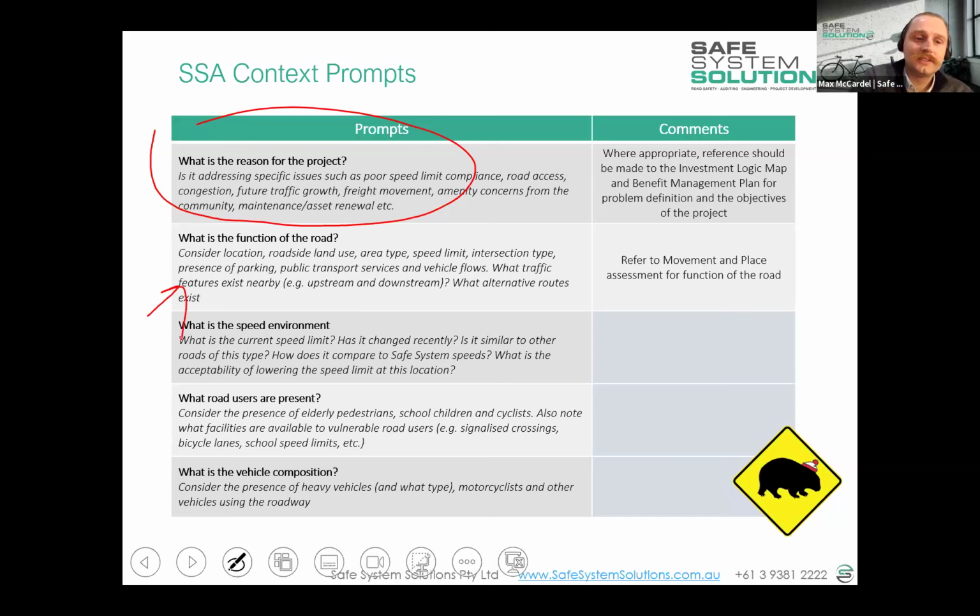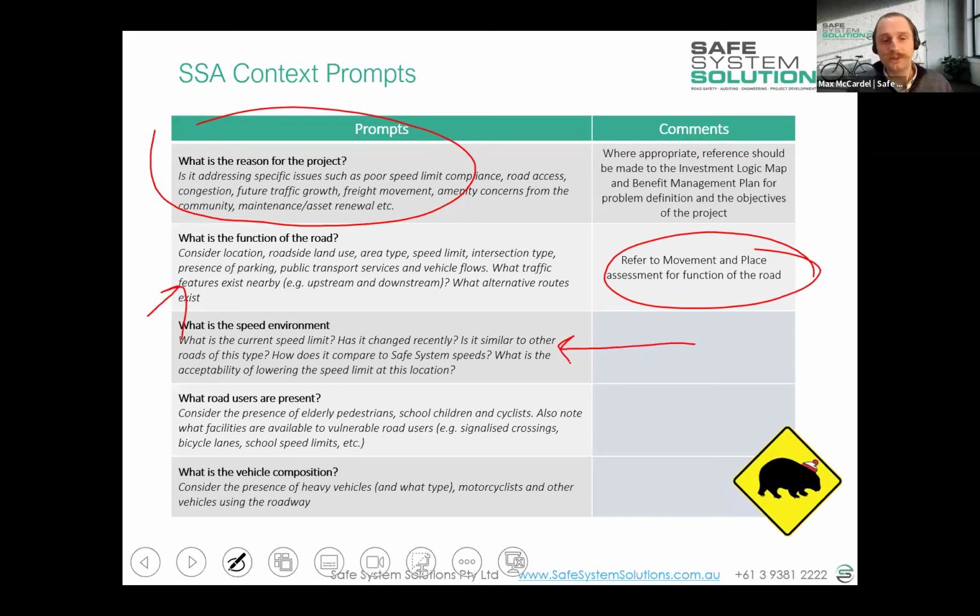You'd consider the function of the road and the adjacent land use. If it's applicable to your jurisdiction, you'd discuss the Movement and Place function, so whether it's a high movement corridor or a place for people. If you've got that embedded within your jurisdiction, you'd make reference to that framework, just to demonstrate that you've got a breadth of understanding.